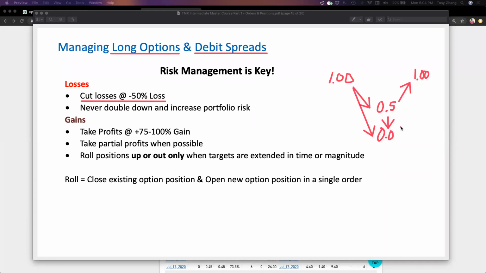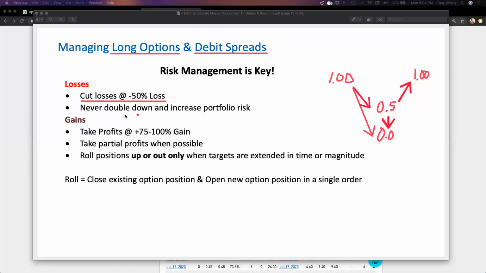Time decay is really working against you. So just because you have a decline here does not mean it's equally easy for it to go back. It has a much higher chance of going down to zero than going back to 1. So whenever something declines 50%, you generally want to cut your losses, because you have a much higher probability of it declining to basically 0 and losing the other half of your investment.